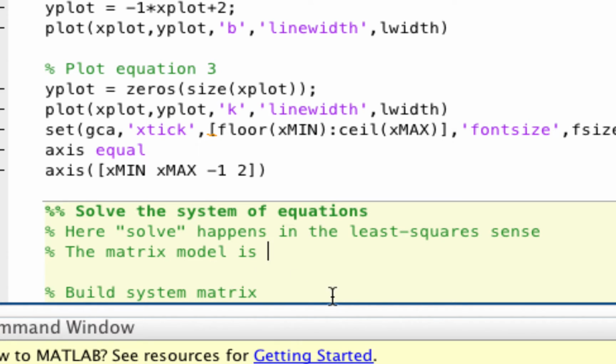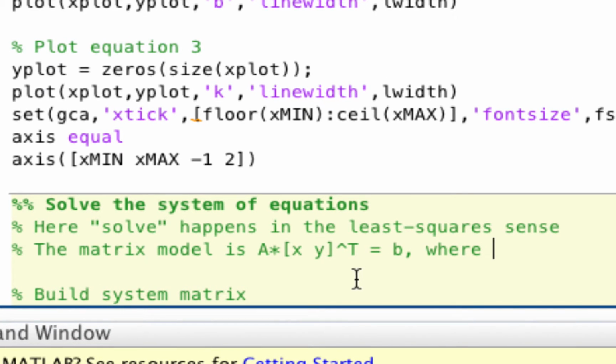We have A times, then we have an X and Y. Let me write it this way. Equals B. So this is not MATLAB code, not really mathematical notation either. Well, I hope you get the point.